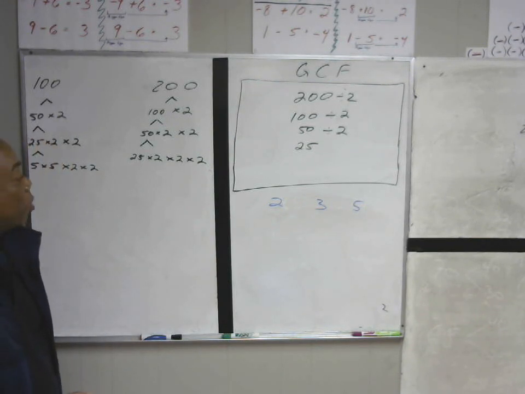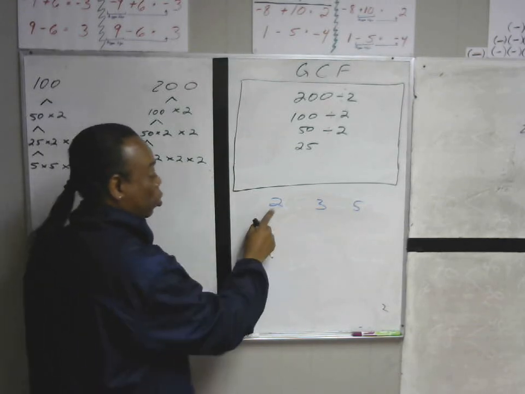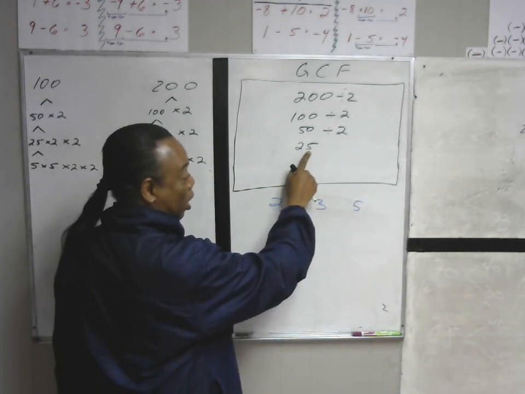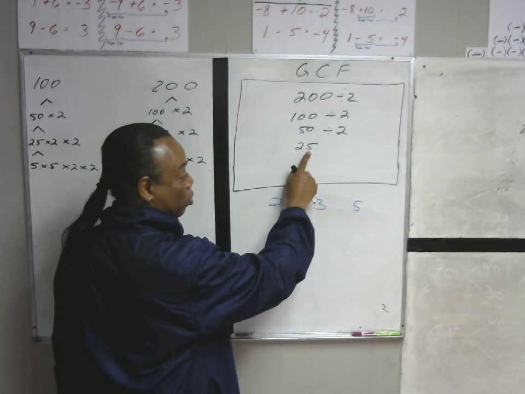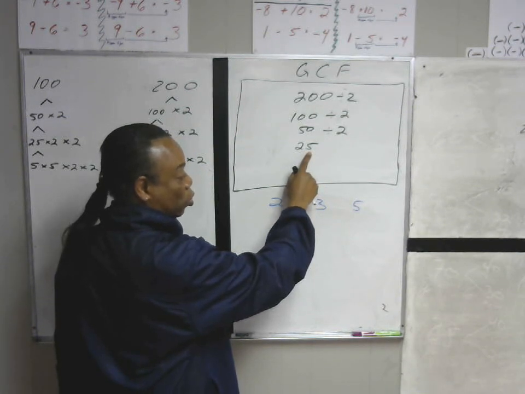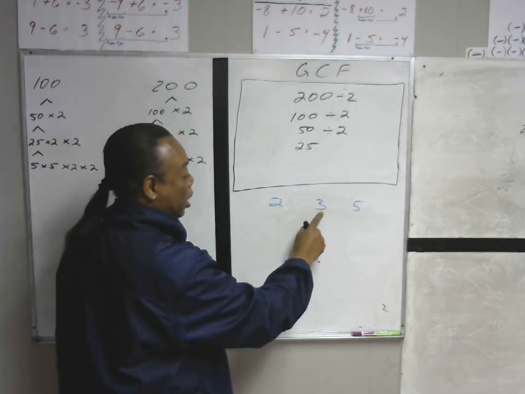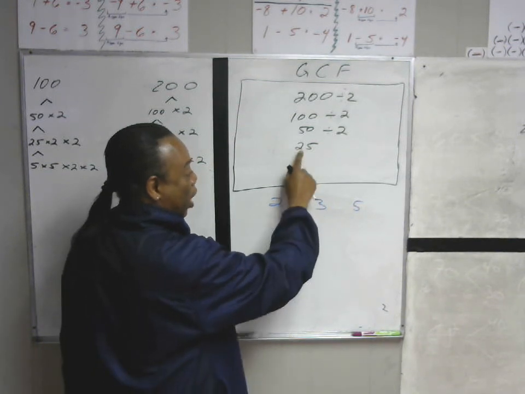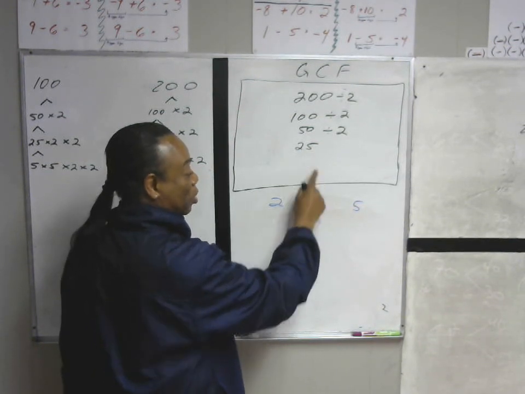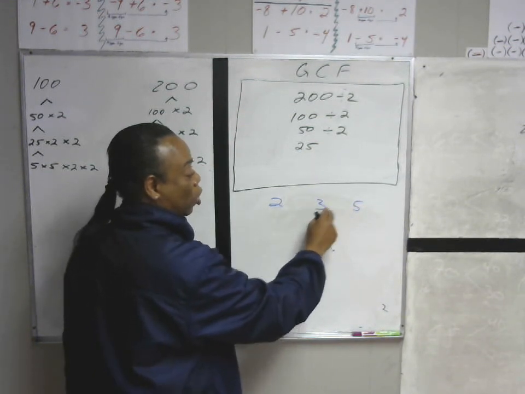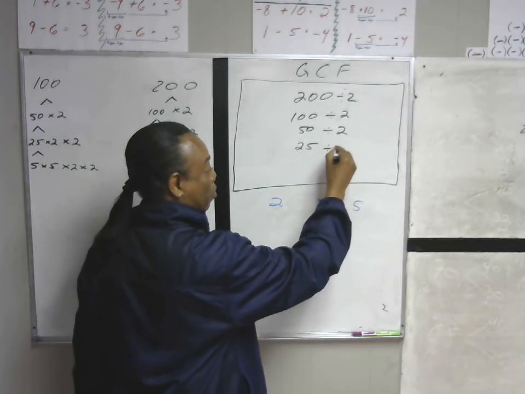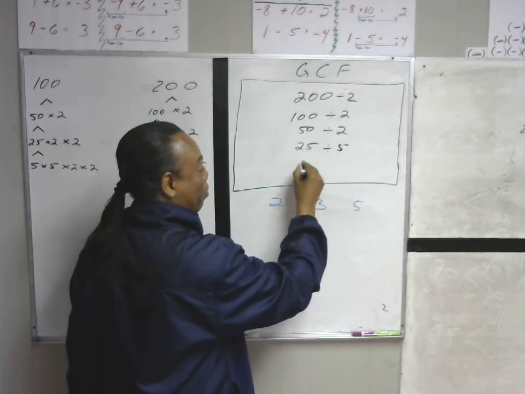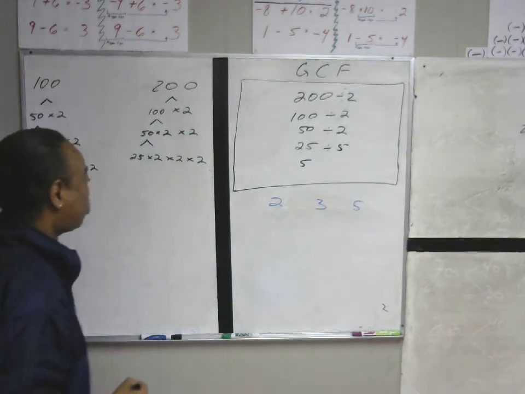Now 25 cannot be divided by 2 because it's an odd number, ending in 5, not an even number ending in 0, 2, 4, 6, or 8. And it cannot be divided by 3 because when you add 2 plus 5, you get 7, and 7 is not in the 3 times tables. So we're going to divide this by 5. 25 divided by 5 will give us 5.